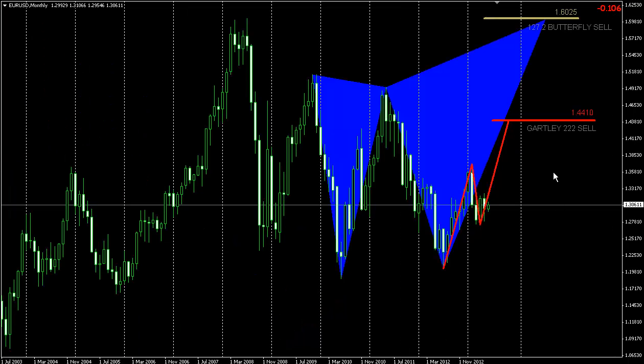This is the picture, but before talking about it, let's set the target of the head and shoulders, which is the distance between the head and the neckline, counted to the upside at the point of breakout. If the market breaks out from here after making some upward move, this will be the target.